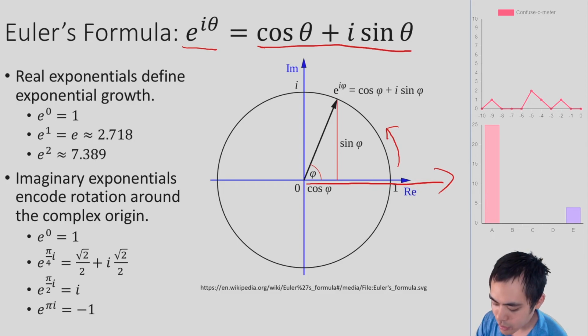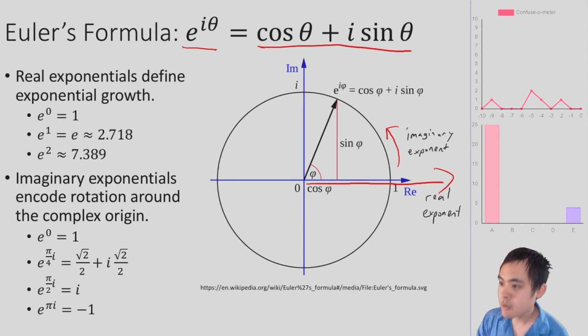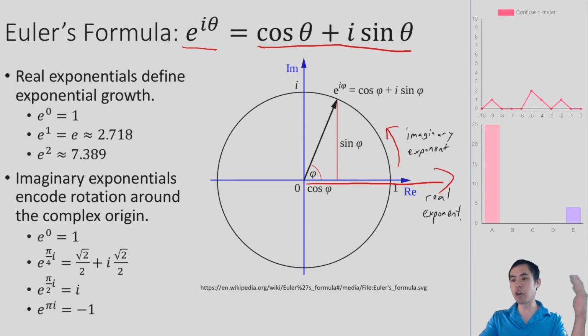So this is imaginary exponentials, or sorry, an imaginary exponent. And this here is a real exponent. We all understand real exponential growth. Things just grow really, really fast, and so you get pushed along the real axis.